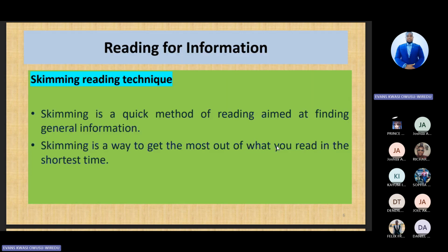As we studied in our previous lessons, the types of reading, right? We went through skimming, scanning, close reading, extensive reading, and we elaborated on these types of reading, where we said skimming is a quick method of reading aimed at finding general information.